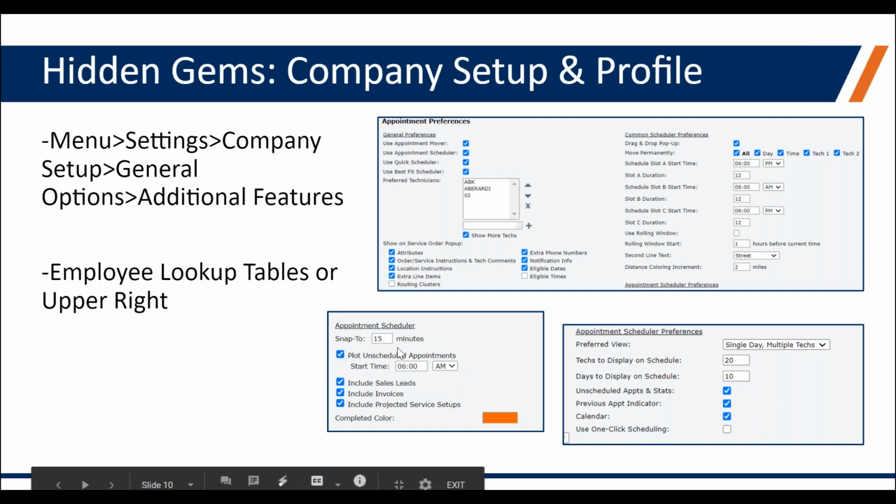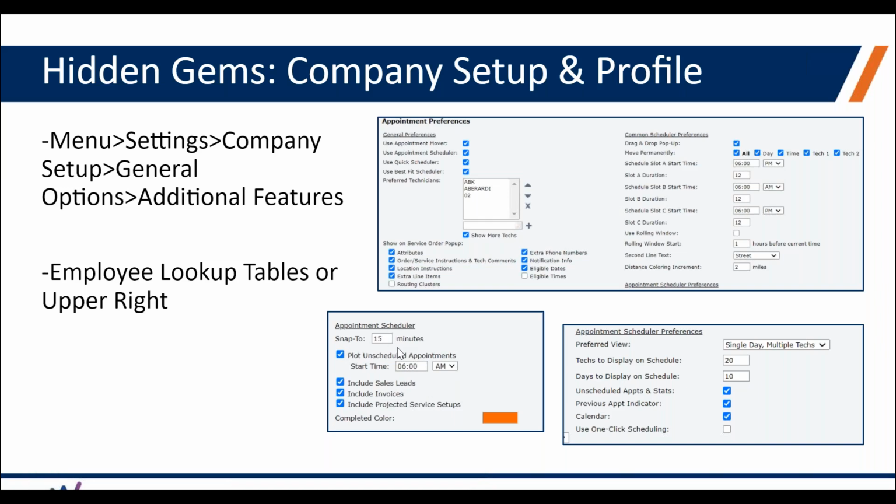On our appointment scheduler, we were just seeing service orders and unscheduled orders that didn't have those 4 fields filled in. However, you can include sales leads, invoices, and projected service setups. What's nice about that is you can visually see what you have upcoming before you generate for each month.